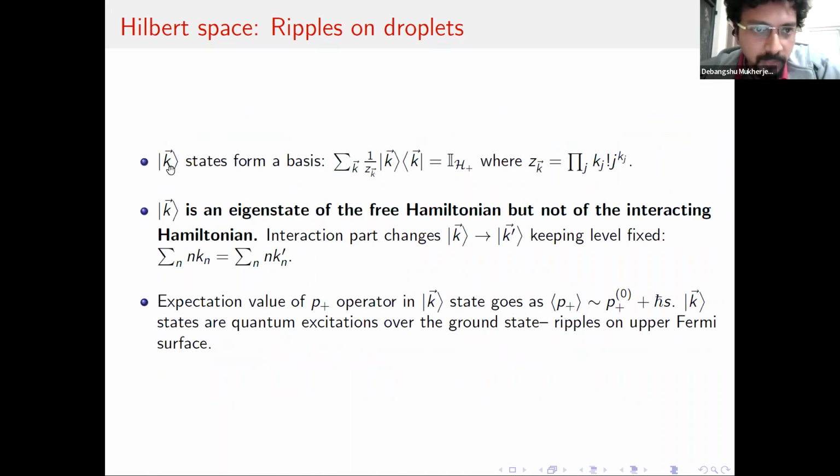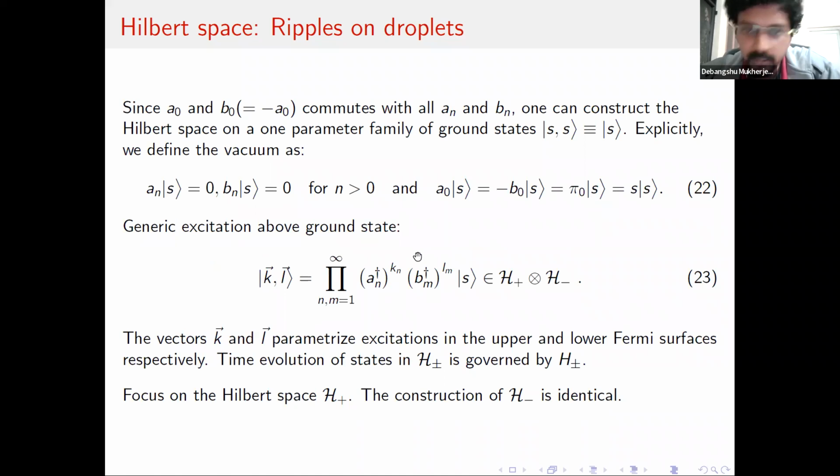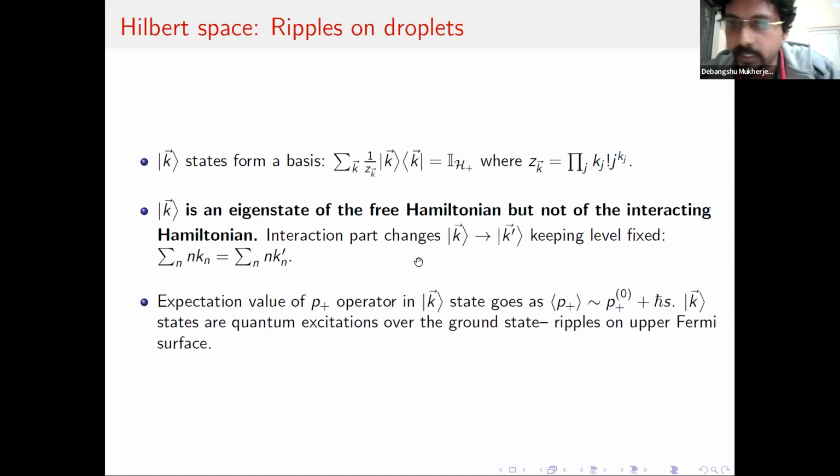First I'm going to start out with these states that I just defined, formed by a bunch of A daggers and B daggers acting on the vacuum. This follows a completeness relation with this particular normalization of ZK. Now, the catch is that this K happens to be an eigenstate only of the free Hamiltonian, as one would expect, because the free Hamiltonian is something like a harmonic oscillator, and what I have here is nothing but creation operators hitting on my vacuum.